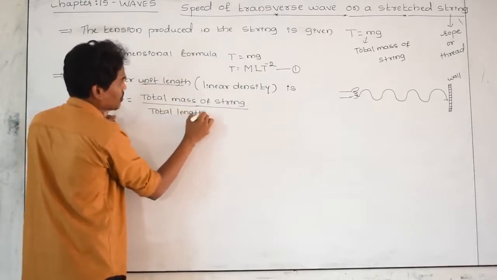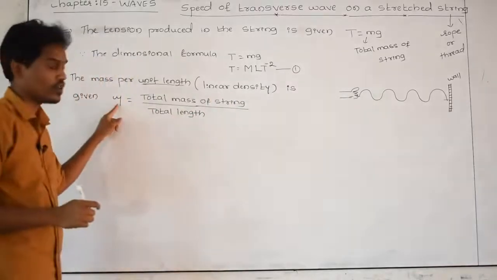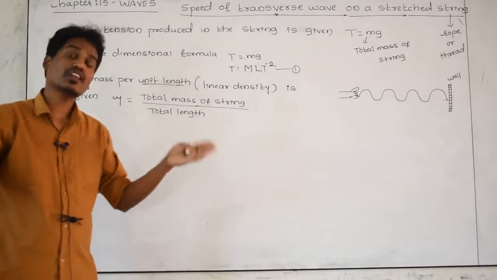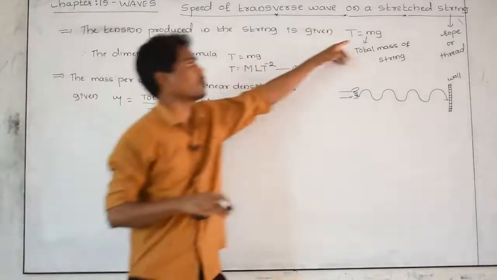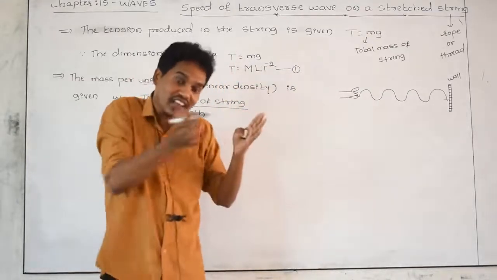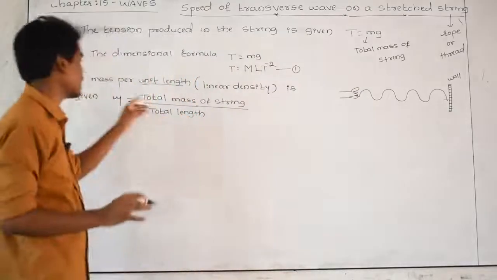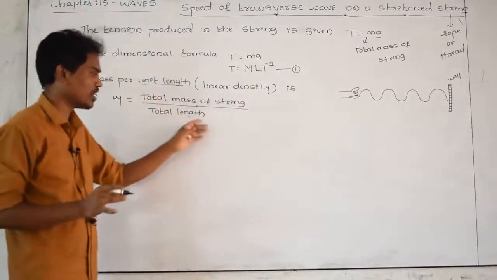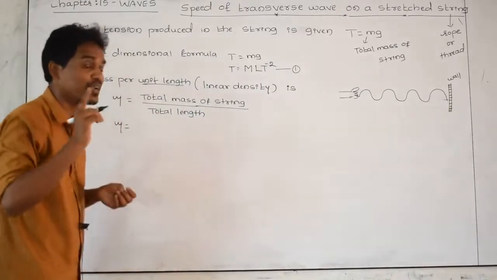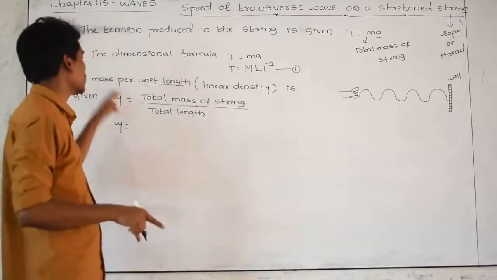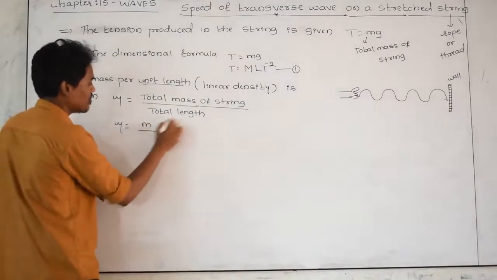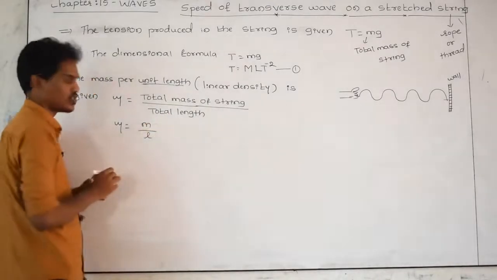Don't confuse the total mass with this mu. For example, if a thread is 10 meters, the mass of its total length is m. Just cut 1 meter of wire and take it; the mass of that 1 meter length of wire is mu. Total mass by total length, then you are getting mass per unit length. Total mass is nothing but small m, and total length is nothing but small l.